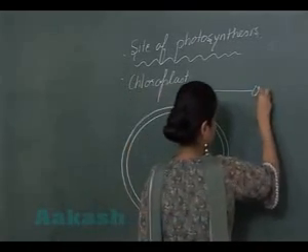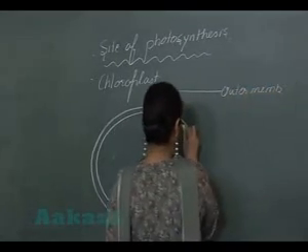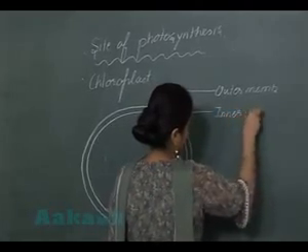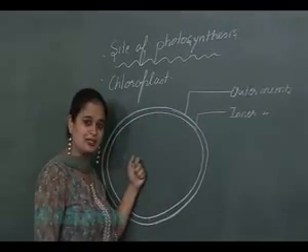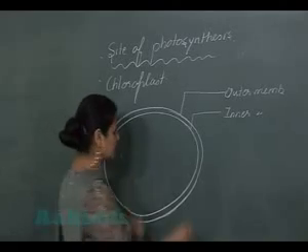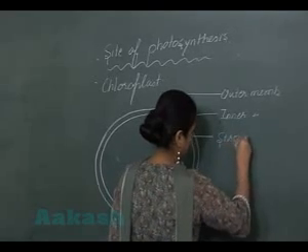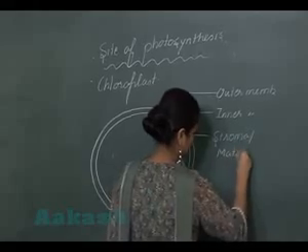So this one is outer membrane and this one is inner one. Now inside the membrane, the space which is present, that is filled with a proteinaceous colloidal complex, and that complex is known as stroma, or you can also call it as matrix.